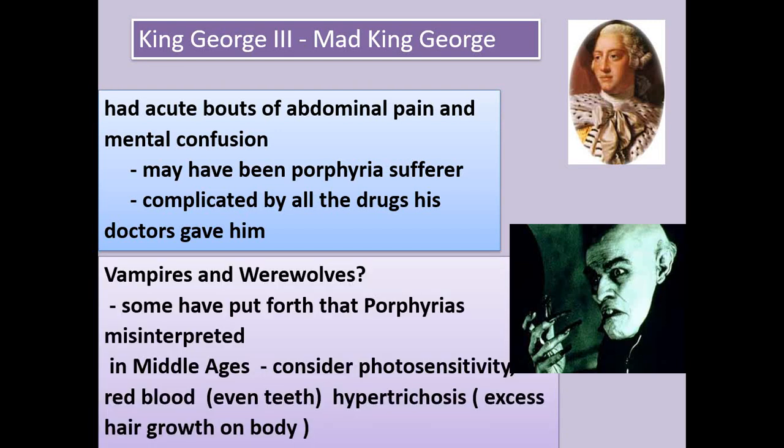This is also called vampire disease or werewolf disease. Some have put forth that porphyrias were misinterpreted, but in the Middle Ages, some patients presented with photosensitivity, red blood or even teeth, and hypertrichosis, excess hair growth on the body.